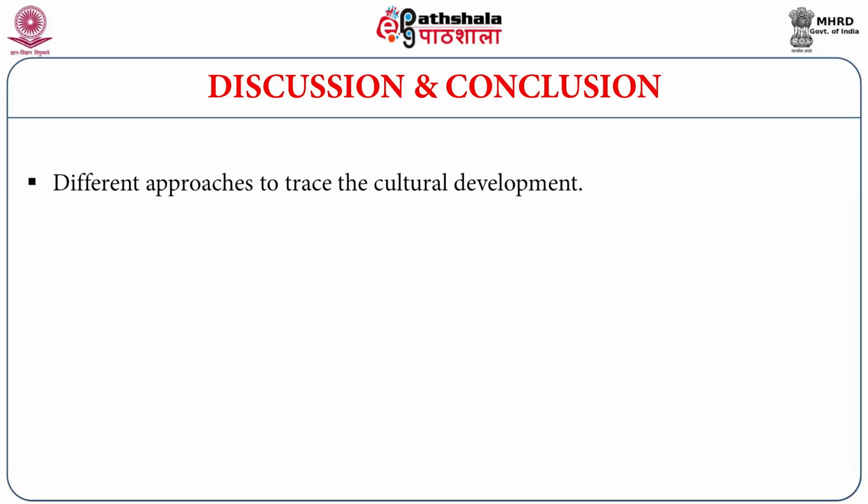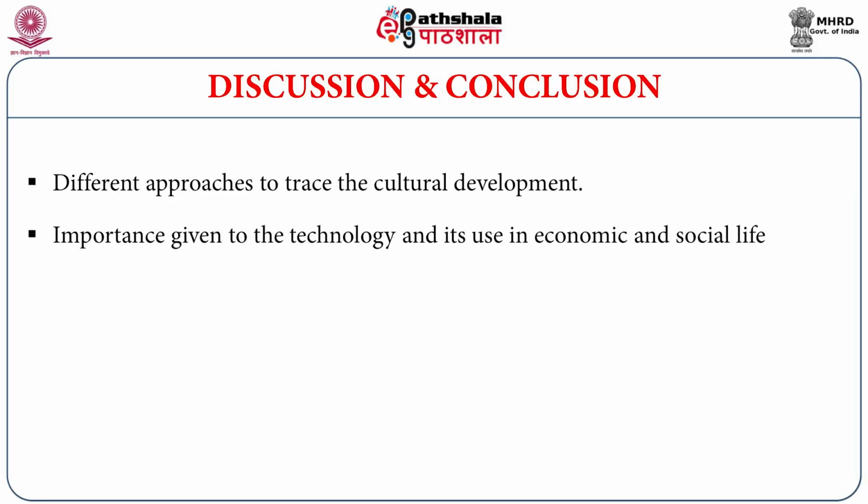Iron alone made the changes and then it led to the development of urbanization. But scholars who looked into social theories felt political organization was equally important. Thus, we see different approaches have contributed to the development of a better understanding of the urbanization in early India.